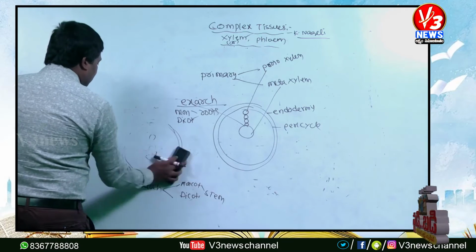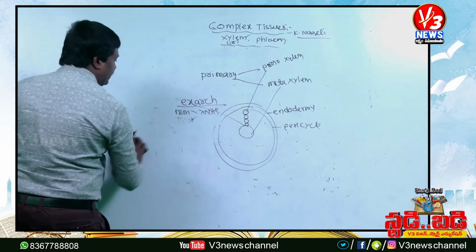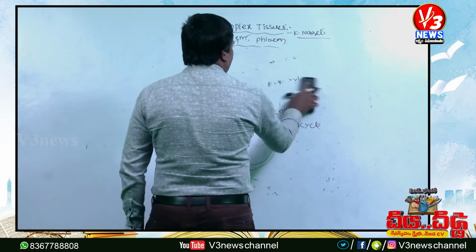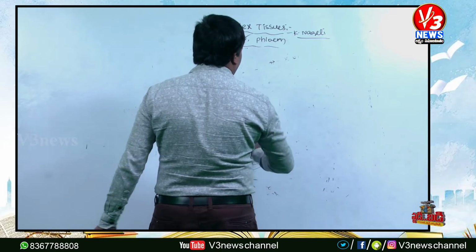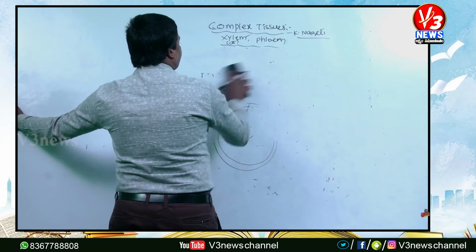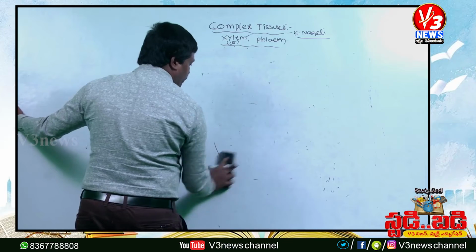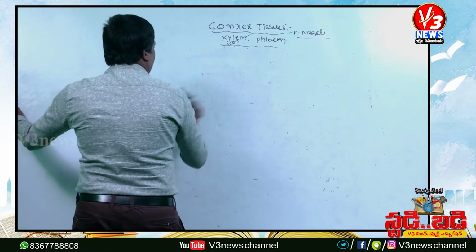After that, coming to the next complex tissue, phloem. Complex tissue is also called conducting tissue or vascular tissue.